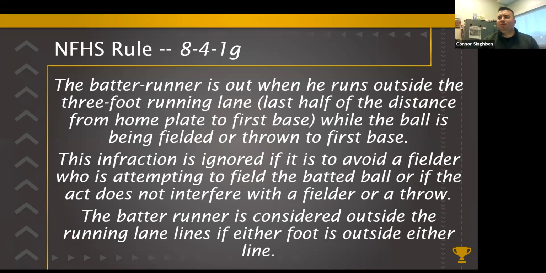This infraction is ignored if it is to avoid a fielder who is attempting to field the batted ball, or if the act does not interfere with the fielder or a throw. They are considered out of the running lane lines if either foot is outside of either lane line. So the lines are included as part of the lane. That's rule set number 1, which most of us will use all spring.